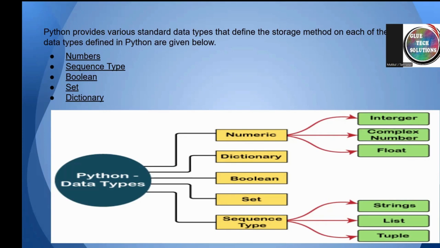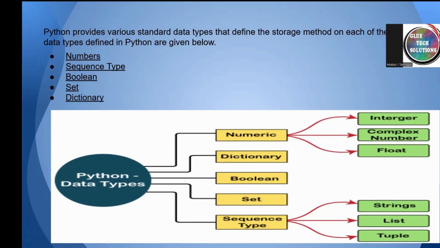Okay. Then comes your dictionary. It is completely a different data type. Boolean, we have discussed. Boolean means when you want to store anything in terms of true and false. Then comes your set. Set is again a completely different data type. Then comes your sequence. Sequence means whenever anything is in a line, in the same sequence in a line. It has three subcategories: string, list, and tuple.